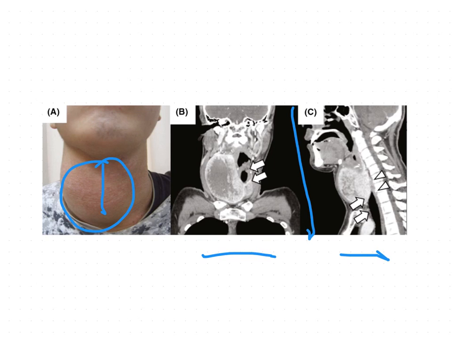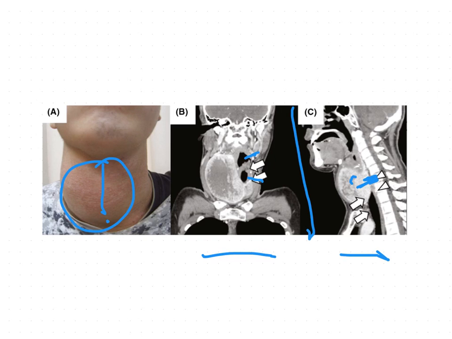Because of this enlargement of the thyroid gland, it is shifting the larynx and the trachea towards the left side. On the sagittal view you can see this gland is compressing the trachea as well as the esophagus.